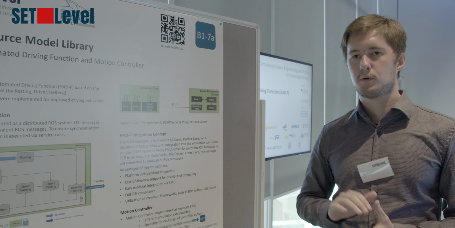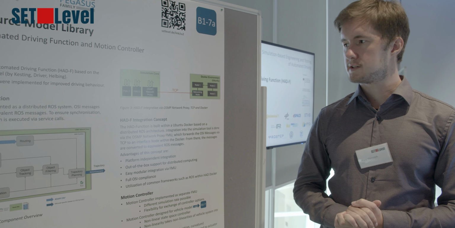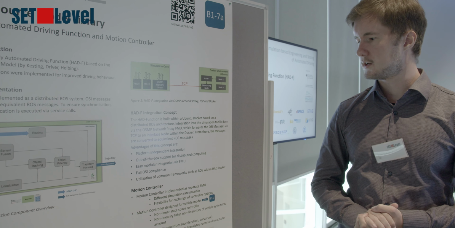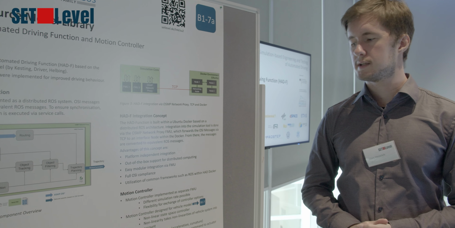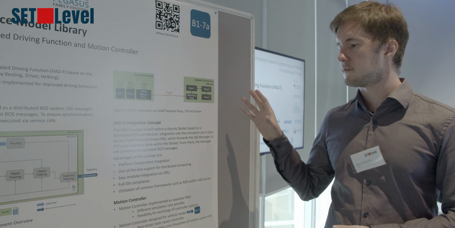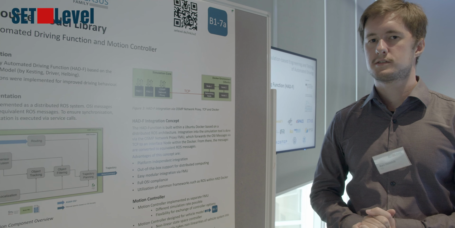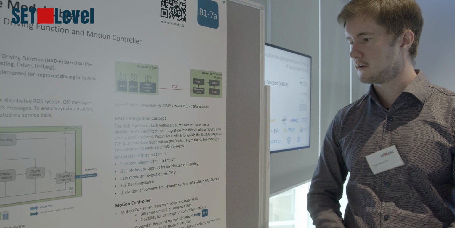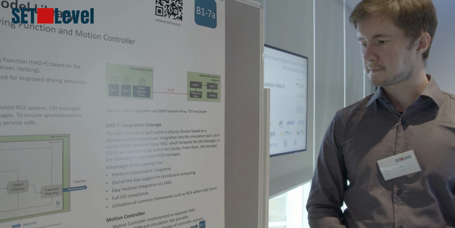We still have the easy modular integration as an FMU because the proxy serves as such. We have full OSI compliance, and we have a showcase here that we can use arbitrary common frameworks such as ROS in a Docker, and have a prototype architecture for those.